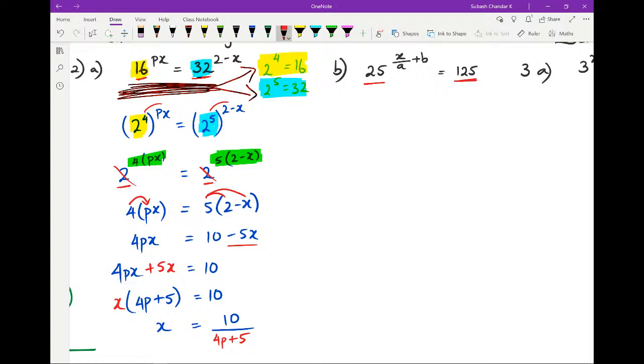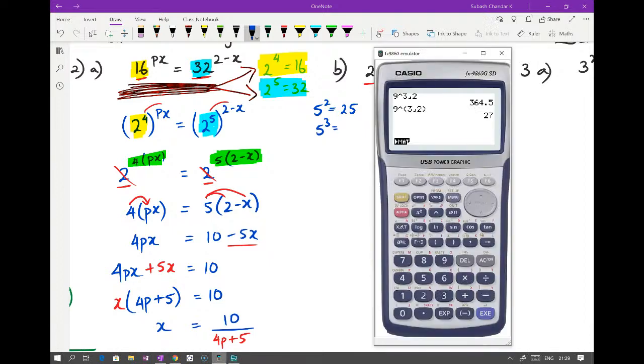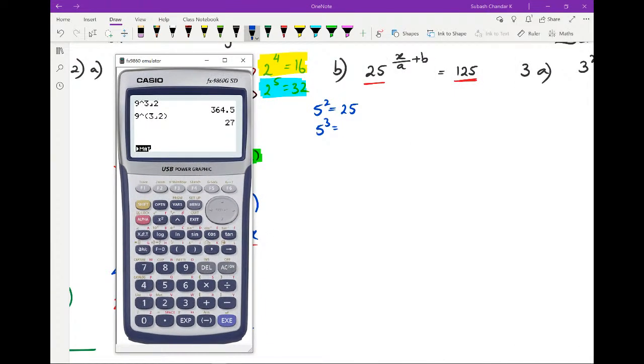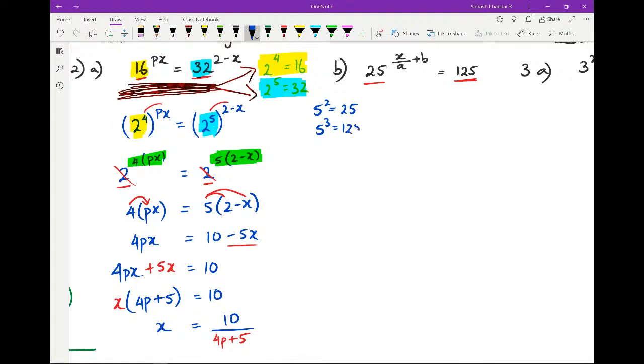So the clue that I was going to give you guys was this: 25 is the same thing as saying 5 squared. And the next clue is that 5 cubed is equal to 25 times 5. So that's why it's very handy to keep your calculator close with these things.